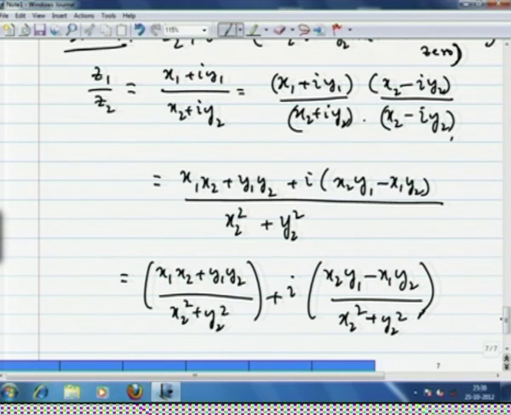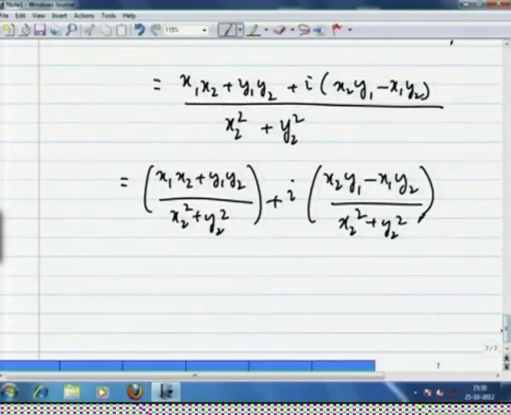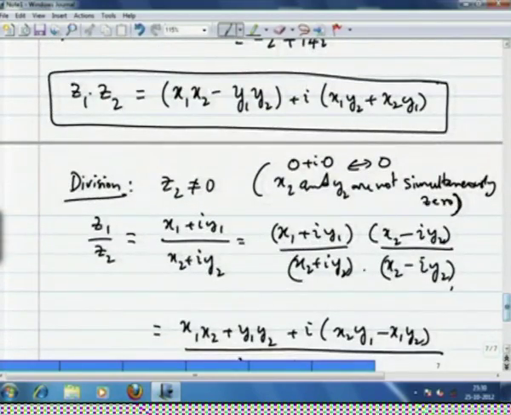Notice that z 1 by z 2, when z 2 is not 0, is already a complex number. There is nothing more one needs to do. All we are trying to do is put it in the form a plus b I, which is how we said we are going to represent a complex number. So, this is your rule for division of a complex number z 1 by a non-zero complex number z 2.